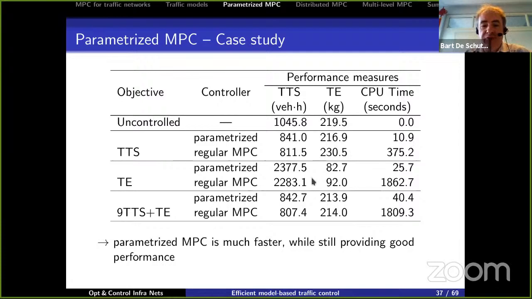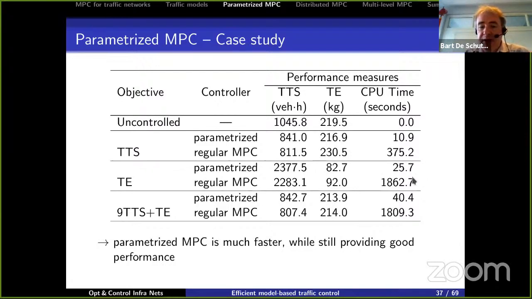This also holds if you're going to optimize the emissions. So we can, in both cases, significantly reduce the emissions. And here, by coincidence, it's probably also due to model mismatches, actually the parameterized performs better than the regular MPC. But this is related to the fact that, for example, we did not take enough starting points for the regular MPC. In general, you would expect the regular MPC to perform better.